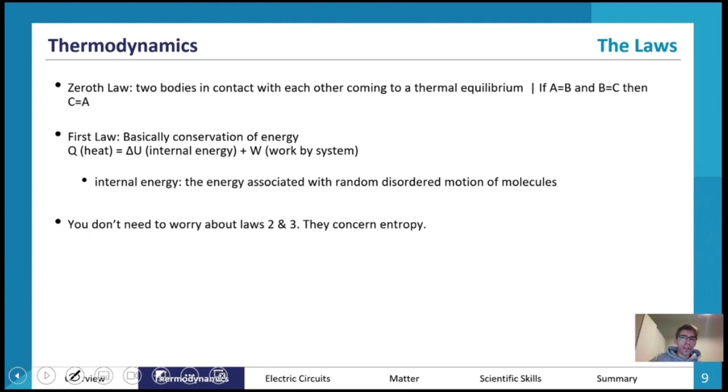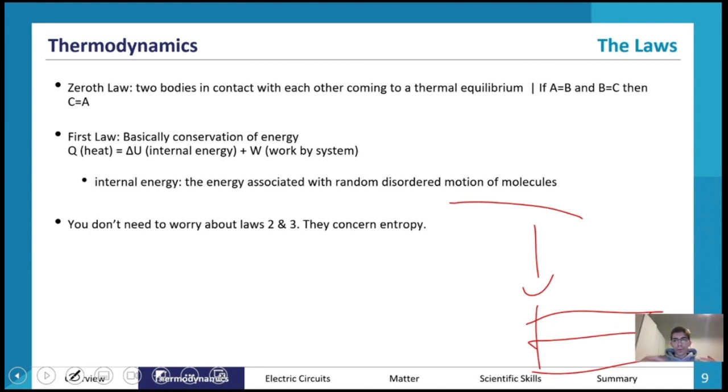Let me explain it this way. Think of water in a pot. The heat energy would be the internal energy of the water molecules, because we know water is a fluid, therefore the water molecules are free to move around.